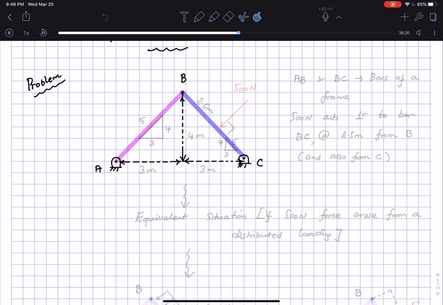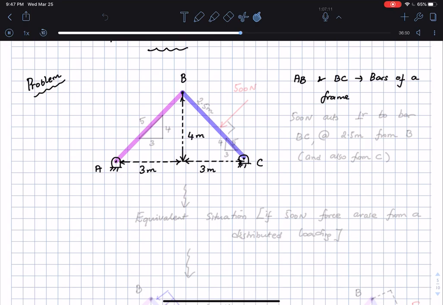I'll have a nice 3, 4, 5 triangle set up for us. So this is 4 meters, this is 3 meters, this is 3 meters. Okay, so bars AB and BC are bars of a frame.